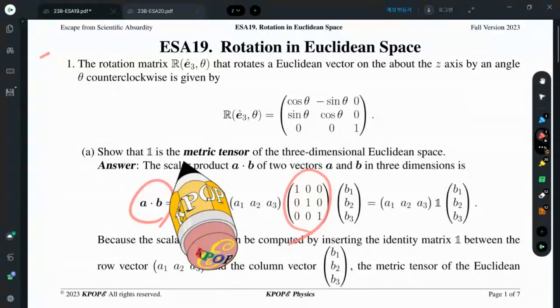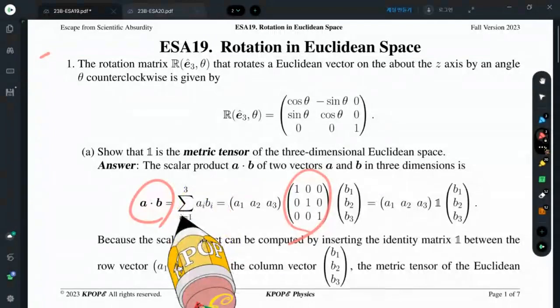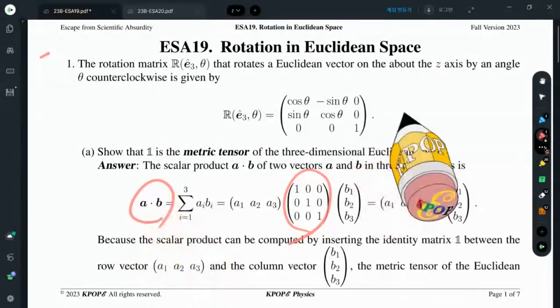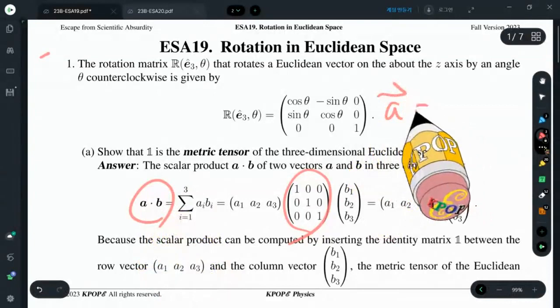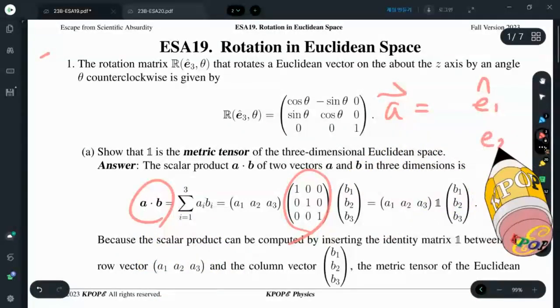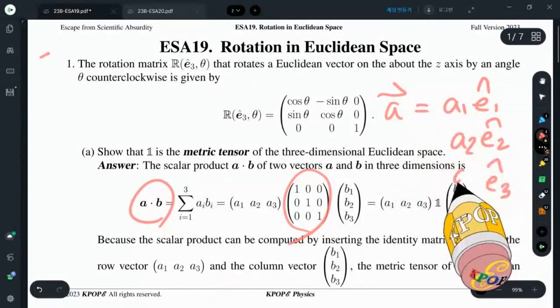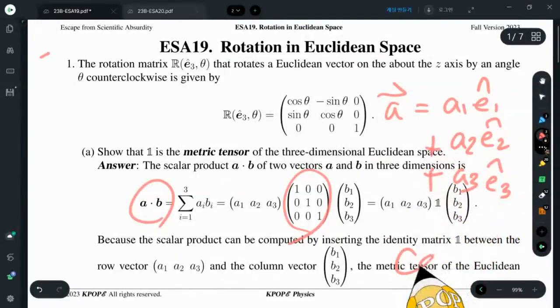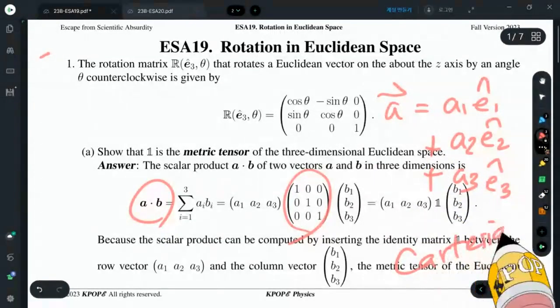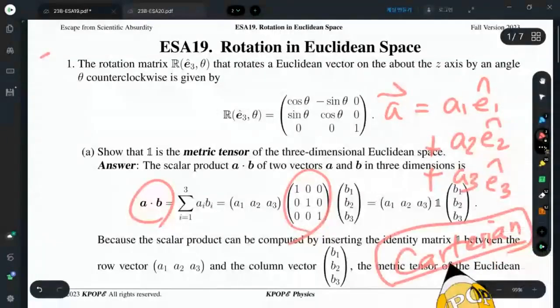They usually do not say what Descartes has done, and Descartes' best work is to decompose a vector into Cartesian unit vectors. And these are Cartesian components, and Cartesian is the adjective of Descartes. You need to remember.